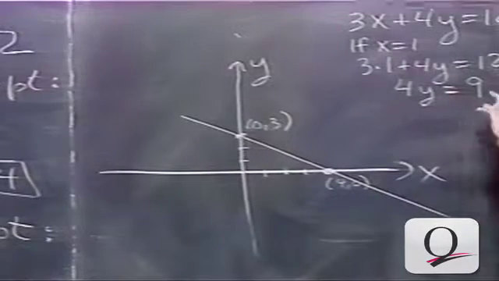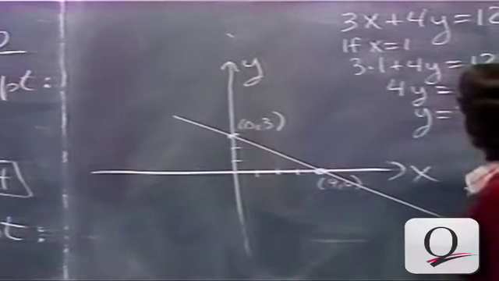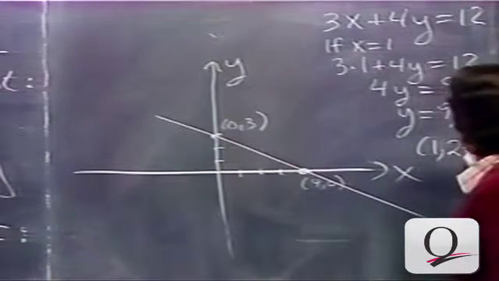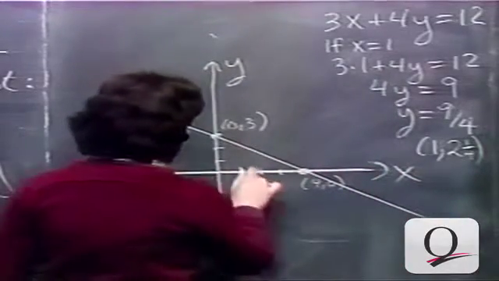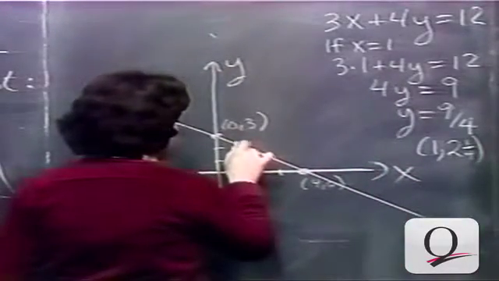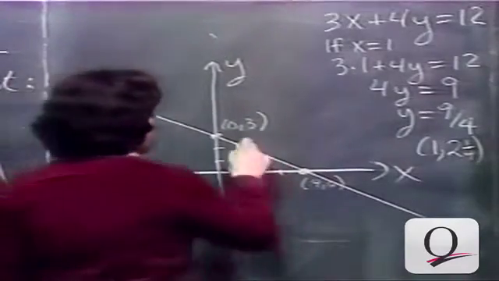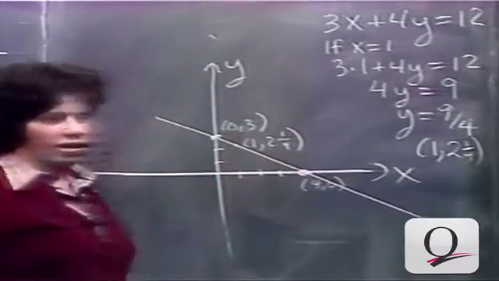Subtracting 3 from both sides, 4y equals 9. y equals 9 quarters. So the point 1 comma 9 quarters, or 1 comma 2 1/4, should also be on here. 1 over 2 1/4 would be right around here, and that is on the line. And this gives us a check that we have found the other 2 points correctly.